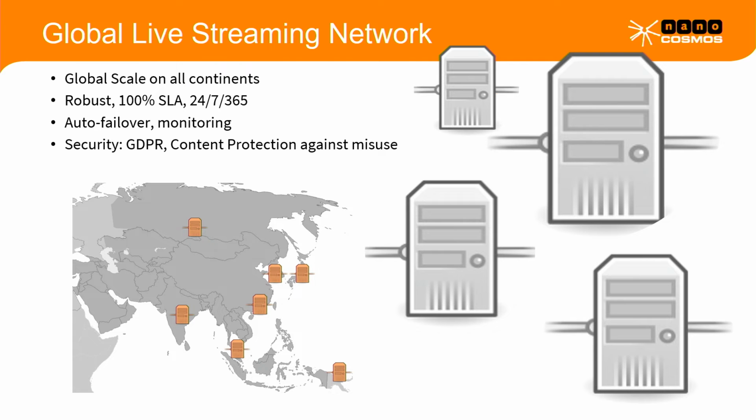And also more and more important are security concerns and compliance regulations like the European GDPR regulation, content protection, things against misuse. So a lot of challenging issues around the distribution in the network are important to keep your content protected and delivered in a high quality to the client devices.